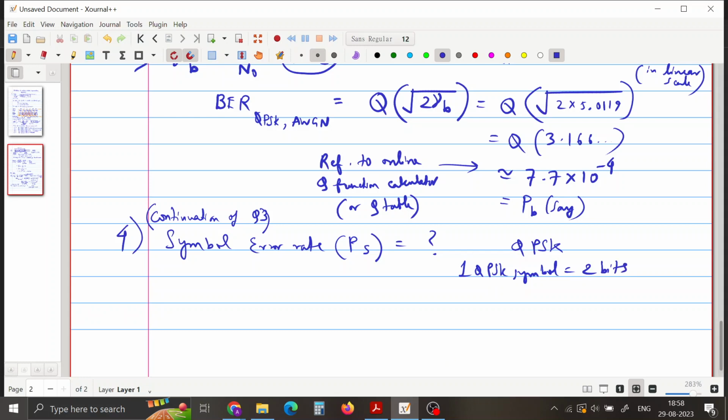Can anyone give me some idea how to proceed? I already have my PB, the bit error rate. I already calculated it in the previous question. How do I now get my symbol error rate? Any thoughts?